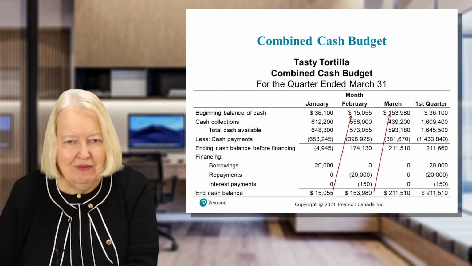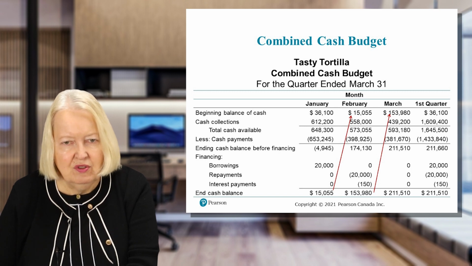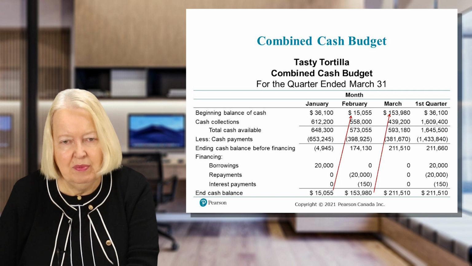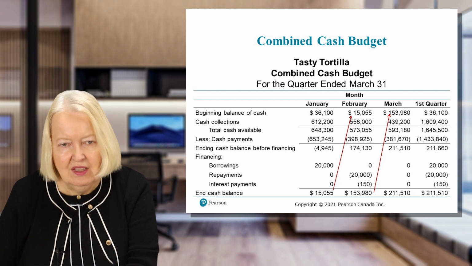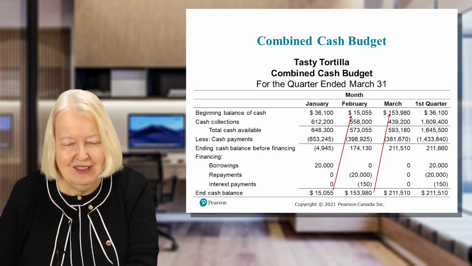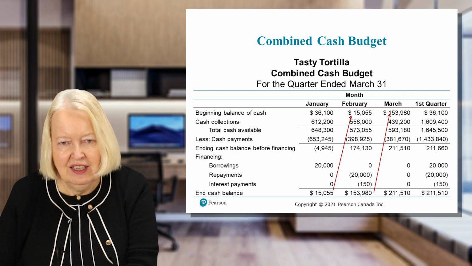So the very final step in doing your cash budget is you want to see where you are in terms of, do you have enough cash to cover your cash expenses? So we start off with how much cash did you have in your bank account at the beginning of the month? So here we're told it's 36,100. So from our previous calculations, the total cash collections that we're going to receive in the month of January, 612,200.